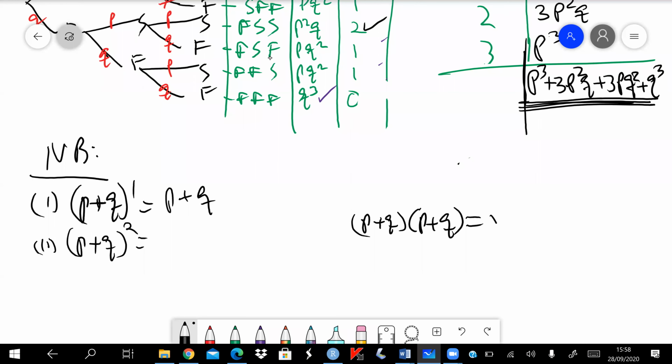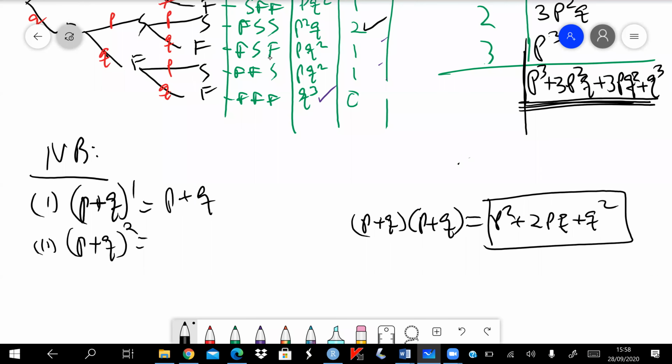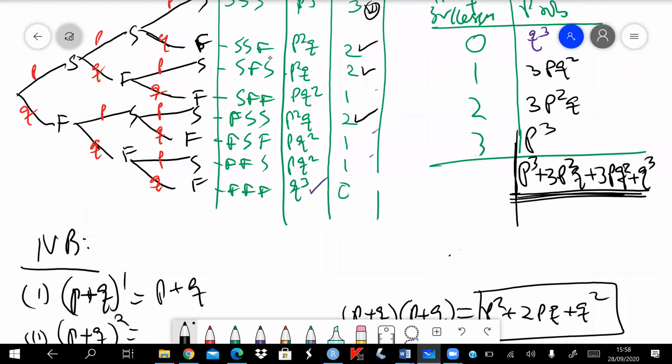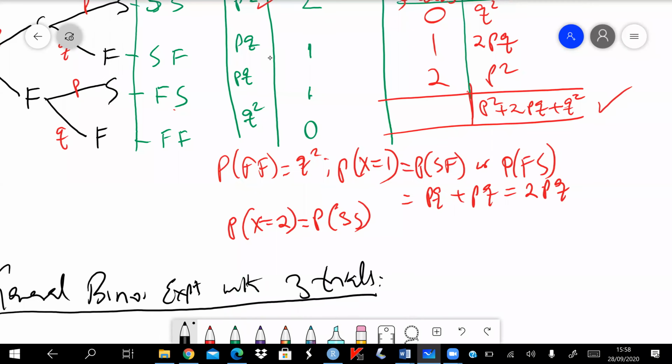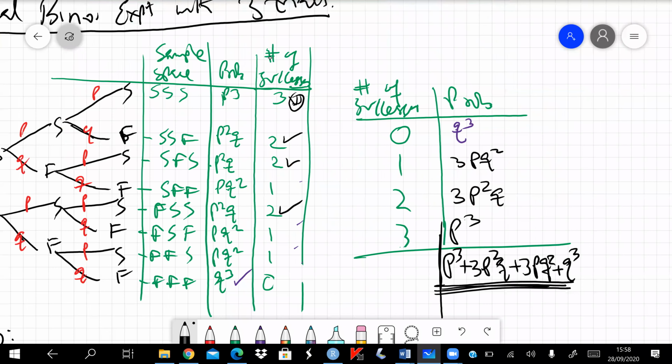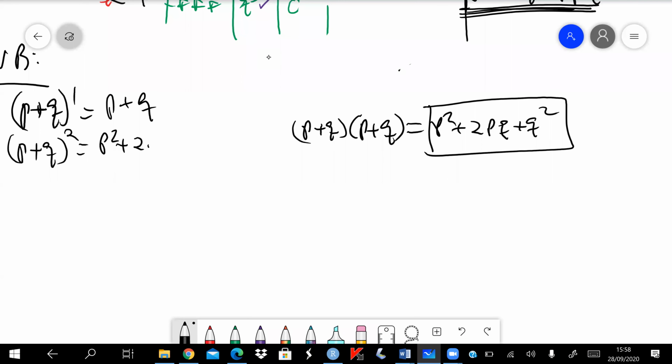You get P squared plus 2PQ plus Q squared, which is what we have up here. It is what we have here. So this is P squared plus 2PQ plus Q squared.